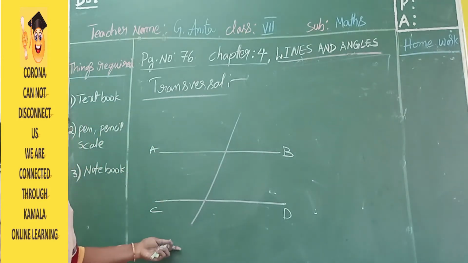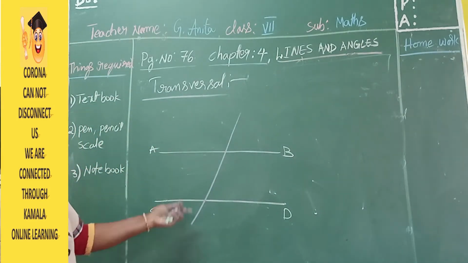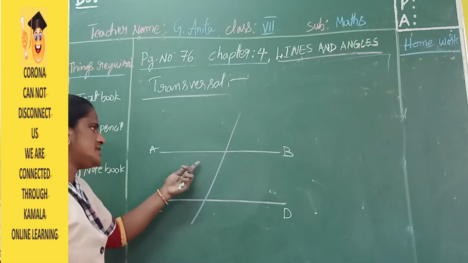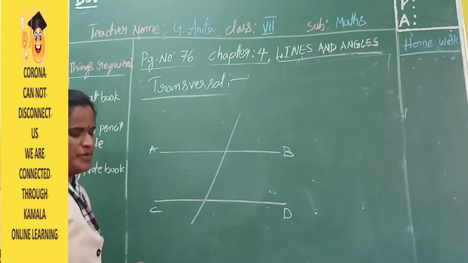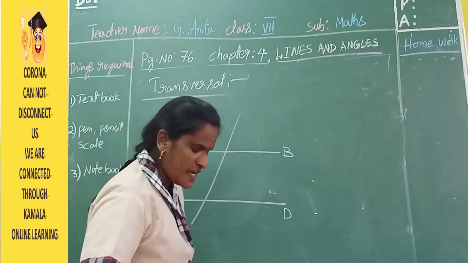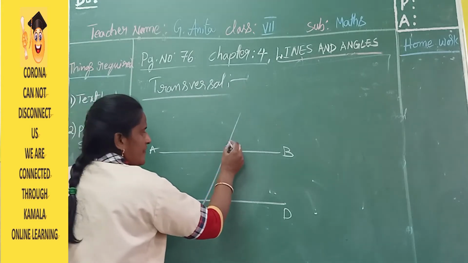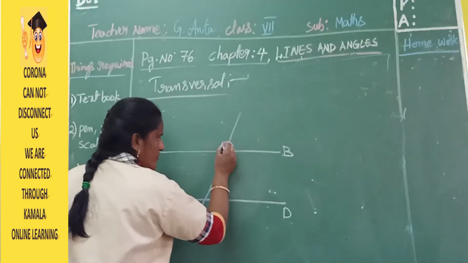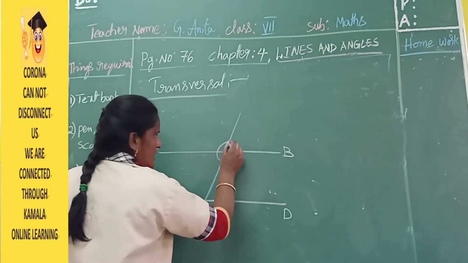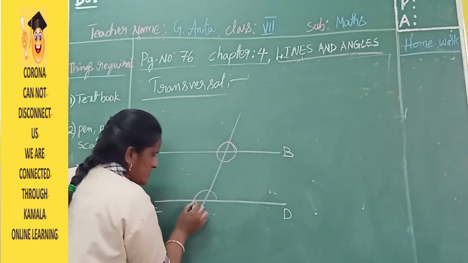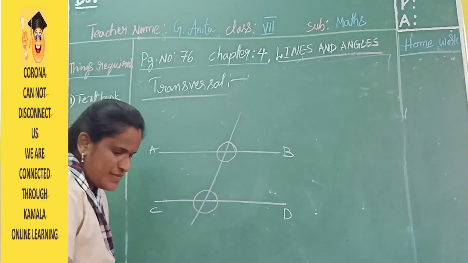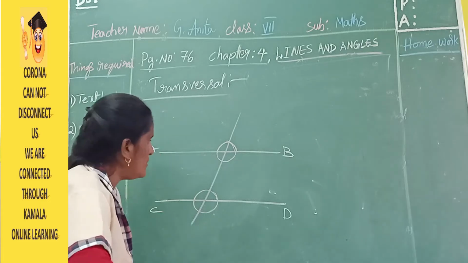This line is intersected. So here so many angles are formed, yes or not? Yes, in this so many angles are formed. Look here.